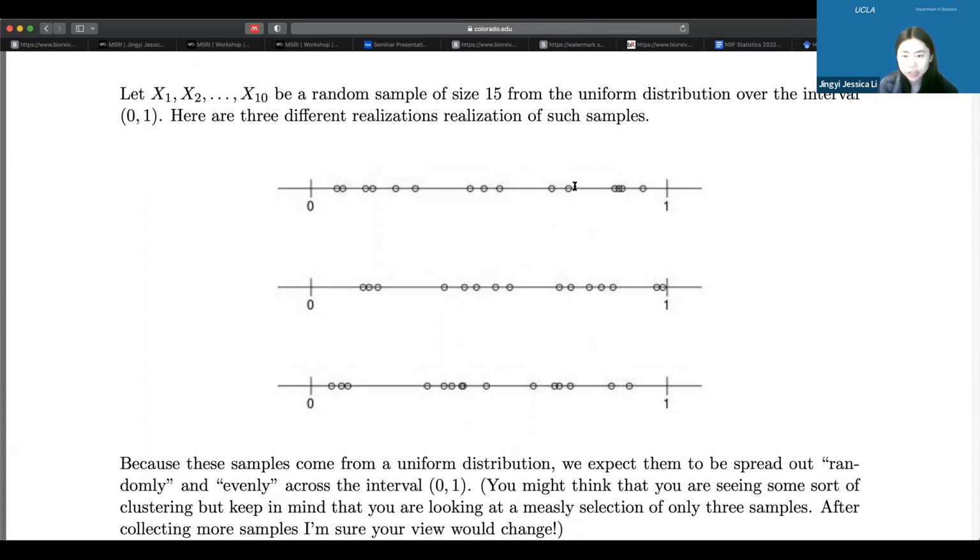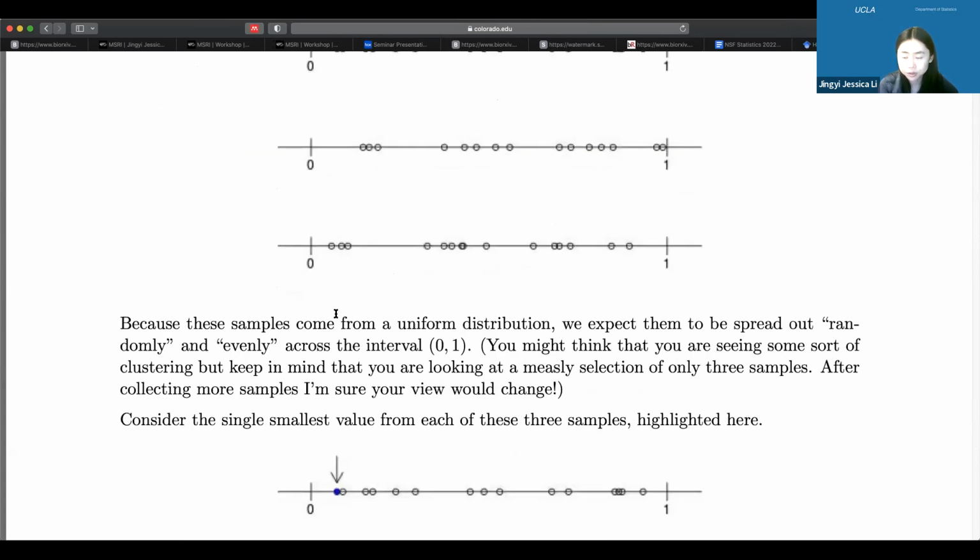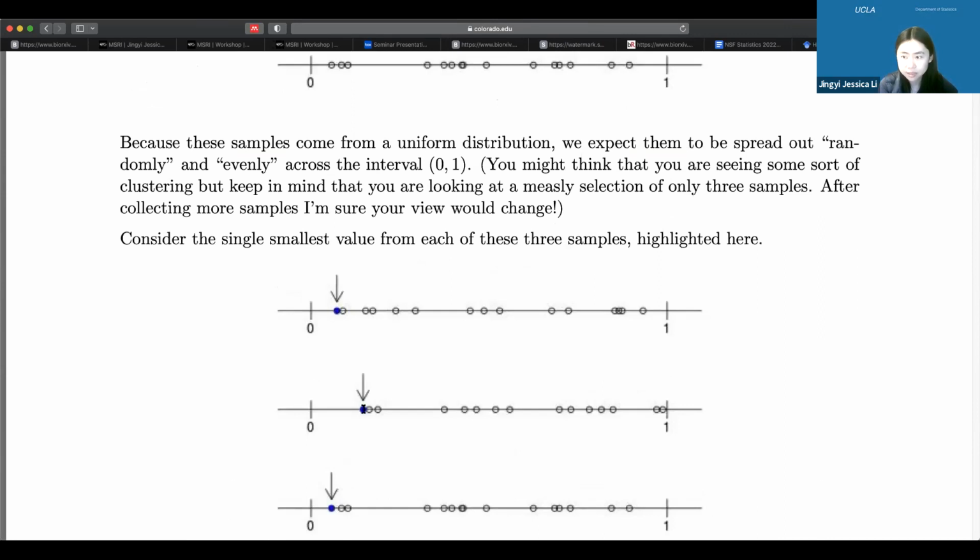So you see, for each realization of the random sample, we can define the minimum. Here it is. This is the minimum in the first realization, minimum in the second realization, minimum in the third realization.